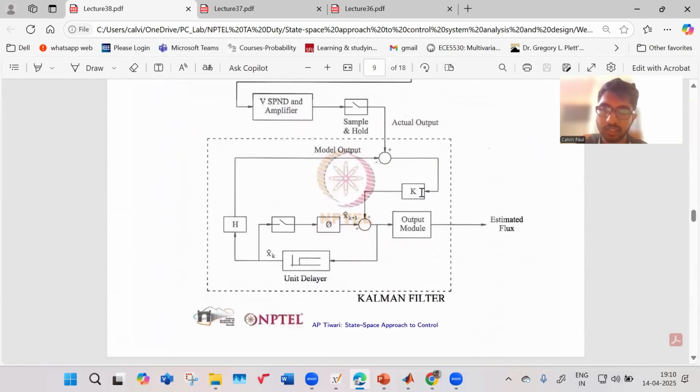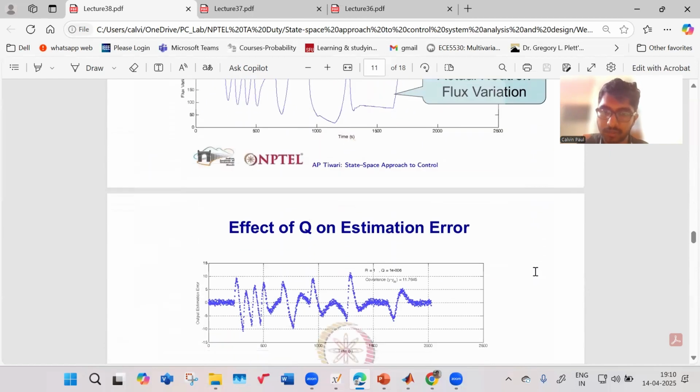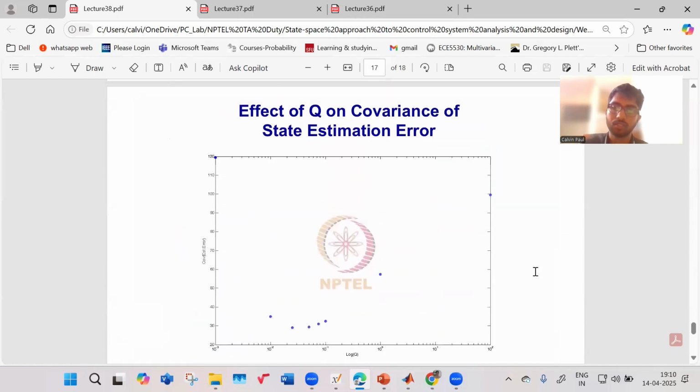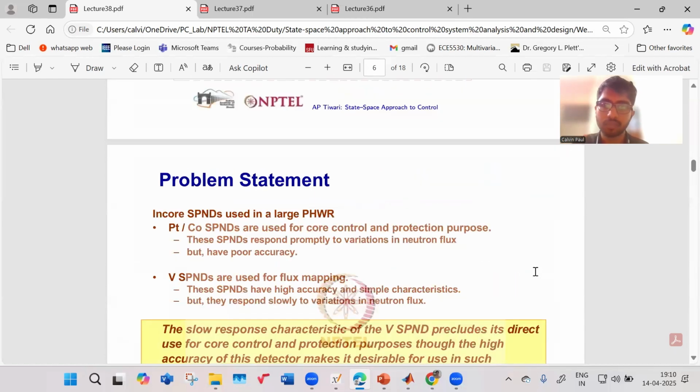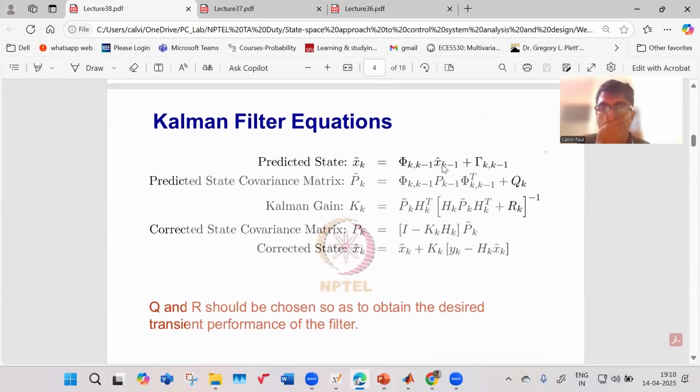Reactor variations are like this, and this is a neutron flux variation based on SPND signal. Okay, these are Kalman filter equations. Let us check.